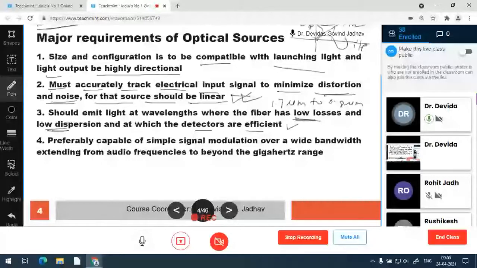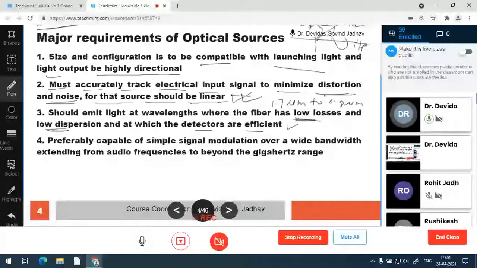That means whatever wavelength the source is emitting, the detector should be of the same wavelength so that it will detect this optical energy with maximum efficiency. So the detector will become efficient.